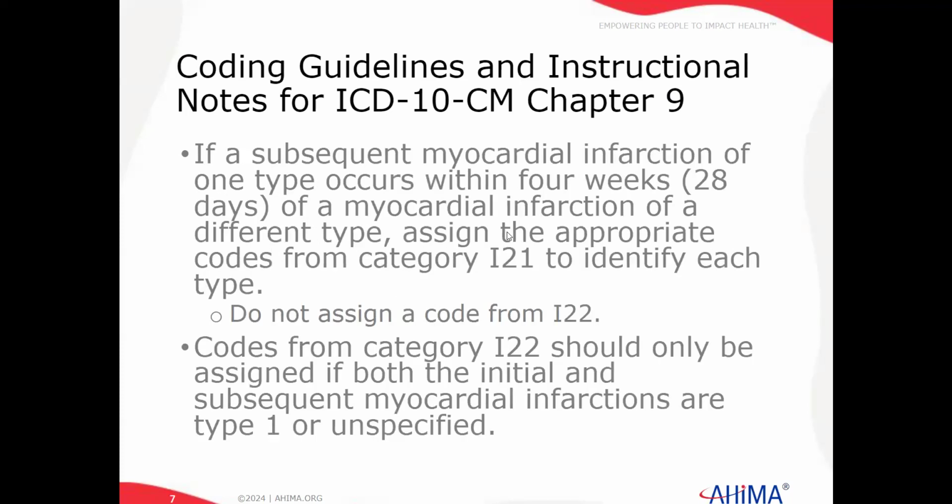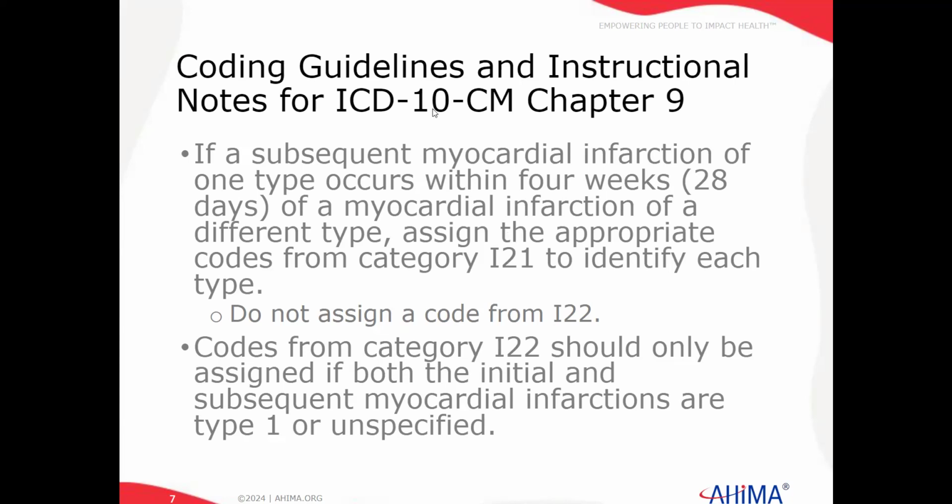And if we have a subsequent myocardial infarction of one type, and it happens within a 4-week window, 4 weeks being defined as 28 days of an initial myocardial infarction, we would assign the code of I21 to each type, right? We only use the I22 if both the initial and the subsequent are type 1 or unspecified.